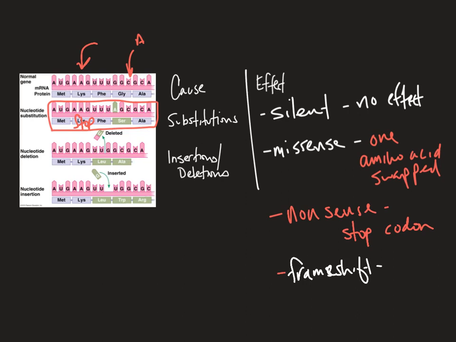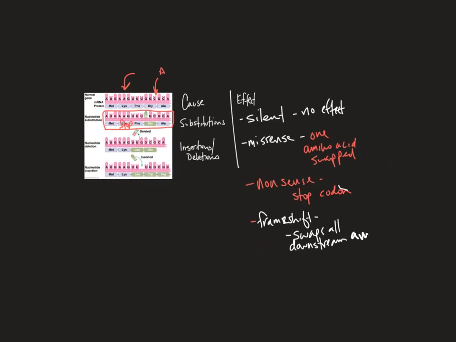It has the biggest impact because it swaps all downstream amino acids. So that means that everything downstream is swapped. Here we have a deletion where this one comes out, and that changes everything downstream.